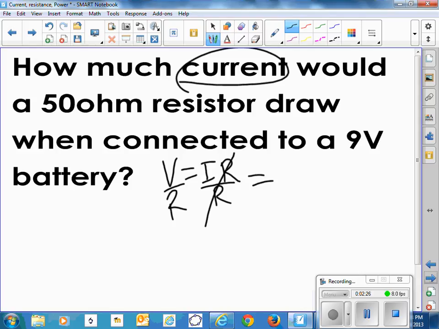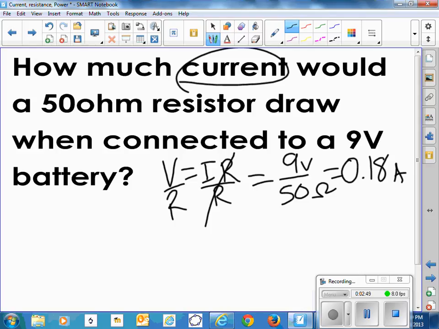So the voltage divided by the resistance, 9 volts divided by 50 ohms gives us 0.18 amps, or they might call that 180 milliamps.